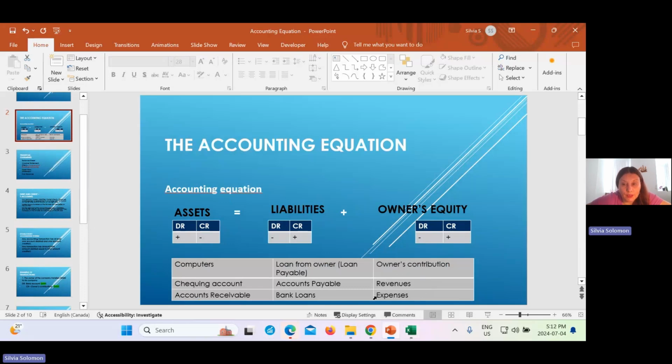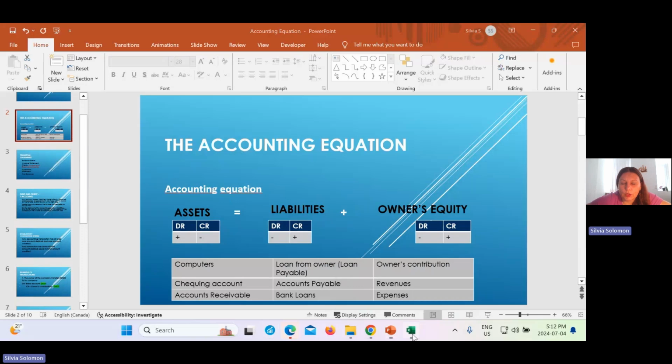More expenses we have, less owner's equity. So that's why the expense account is going to behave exactly in the opposite way. It means that the expense accounts are going to increase by the debit side, okay?